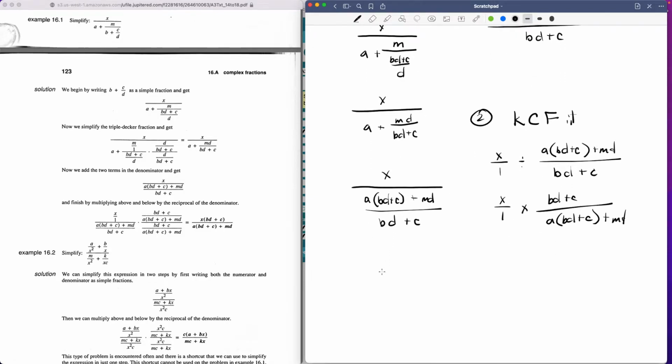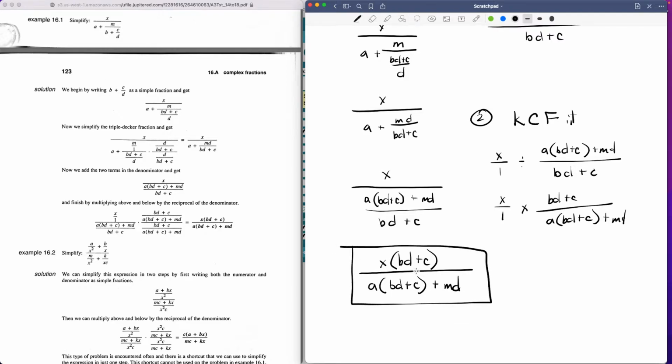We have x times bd plus c over a times bd plus c plus md. That's our final answer.